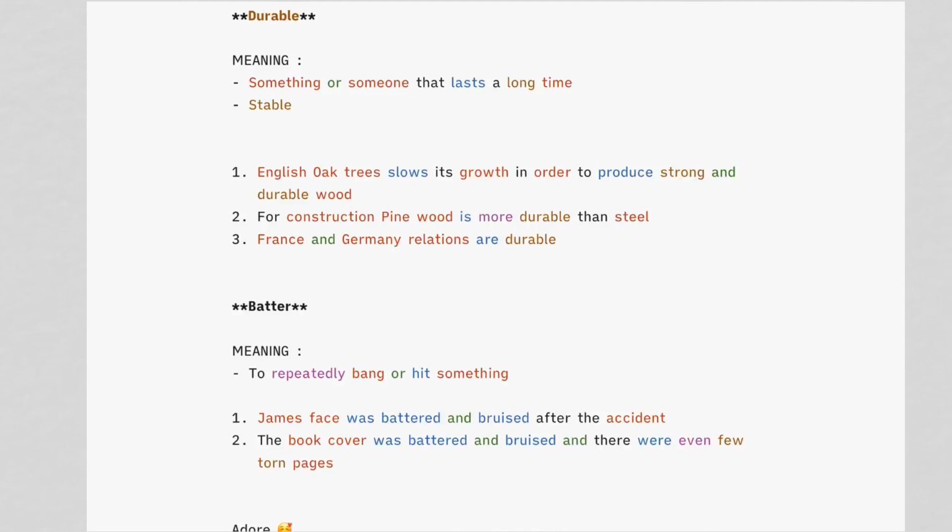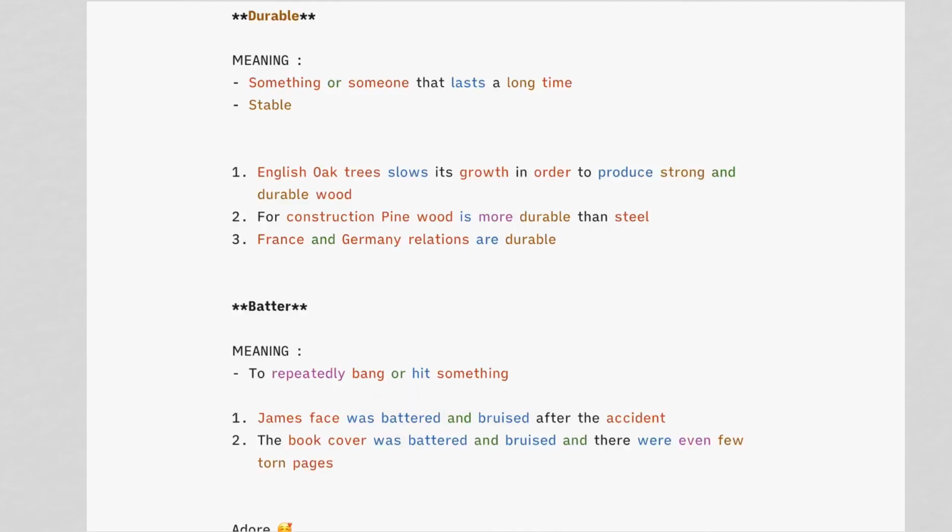The third word is batter. Batter means to repeatedly bang or hit something. Examples: James' face was battered and bruised after the accident. So basically James' face was repeatedly hit or banged during the accident, and that's why we're using the term battered.